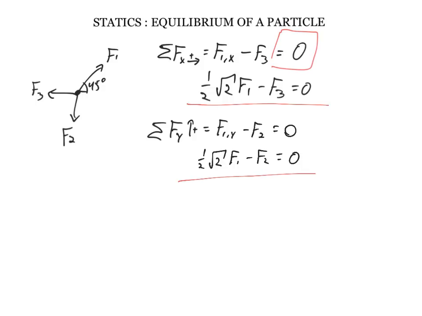But let's say that force 1 is known, for example force 1 is equal to 1000 Newton, then we could solve for F3 and F2. So F3 will be half square root 2 F1, which will be something in the range of 700 Newton. And the same for F2, we would be able to solve this.